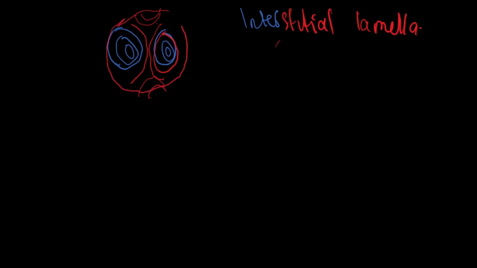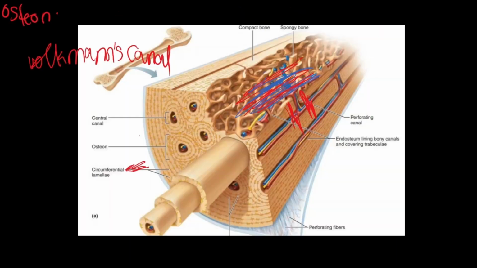So this incomplete lamella is what forms the interstitial lamella, and the circumferential lamella is basically what surrounds the entire osteon. So if this is the entire region of the compact bone, the circumferential lamella is what goes around all of the osteon units, and we have that well shown in the picture here. We can see that the circumferential lamella goes around, okay, and it's located just deep to the periosteum.